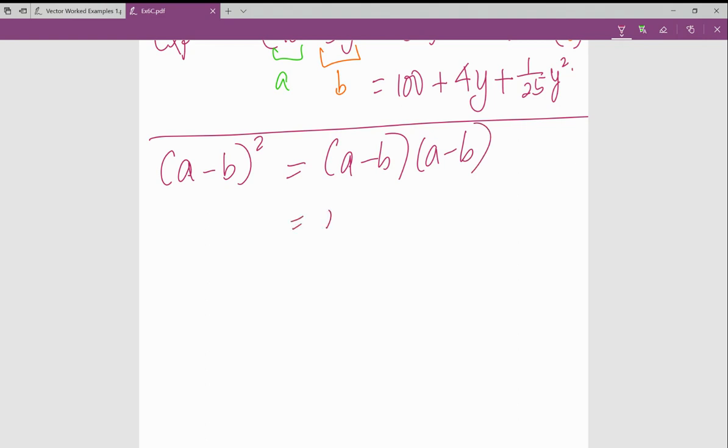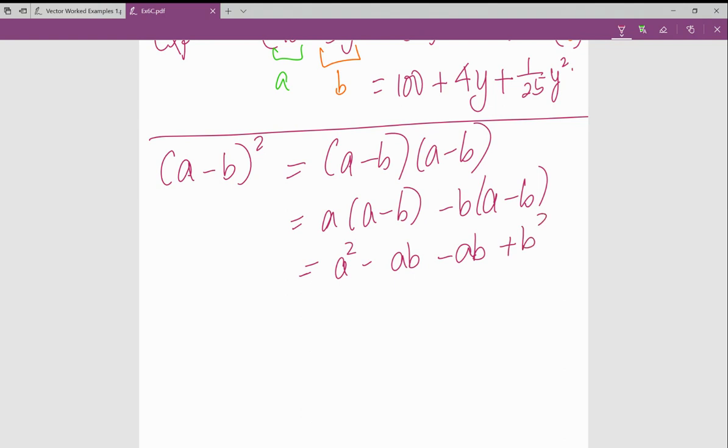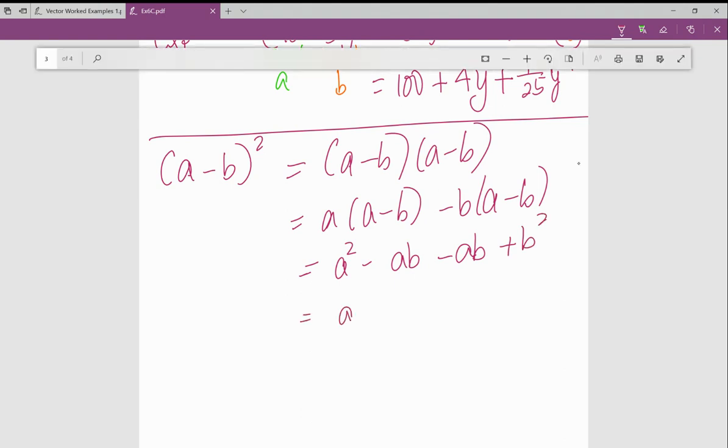If I were to expand this further, it is a squared minus ab minus ab plus b squared. Remember, the minus and minus become plus. And then you get a squared minus 2ab plus b squared. This is a minus b squared.